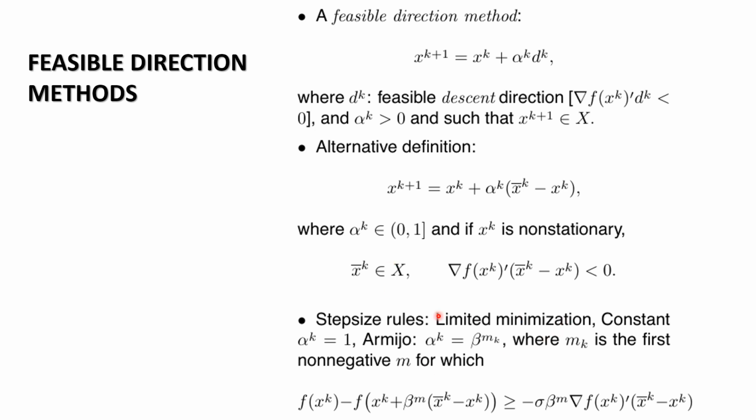Step size rules. For limited minimization, in this case we choose alpha k to approximately minimize function f over feasible alpha. We can also use a constant step size, a fixed alpha k equal to 1, which may work on simple or well-scaled problems.